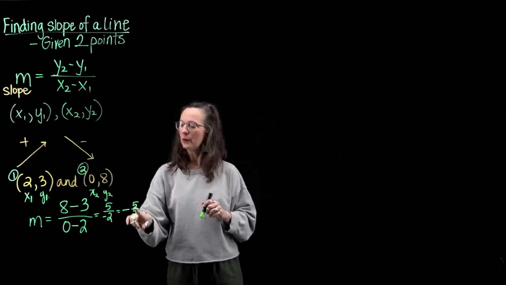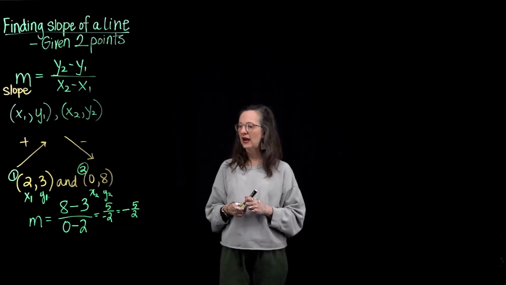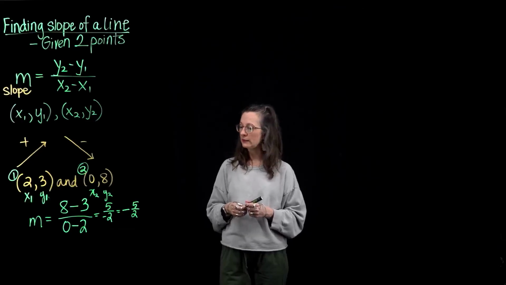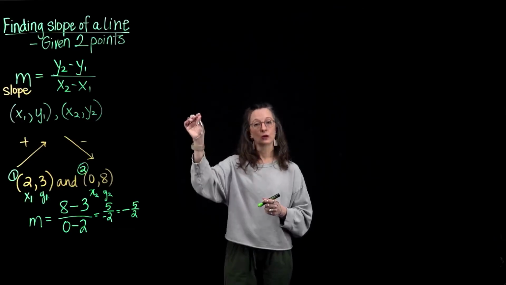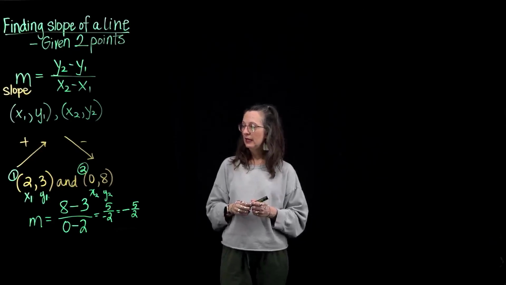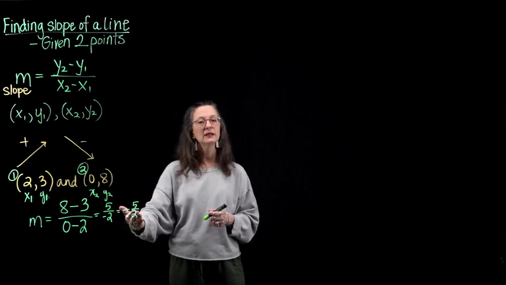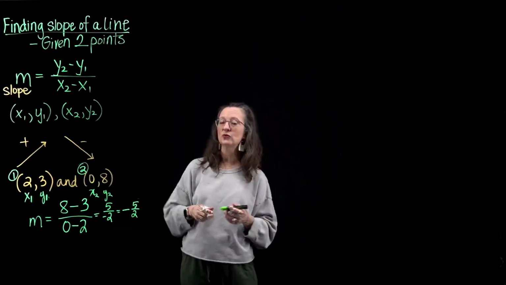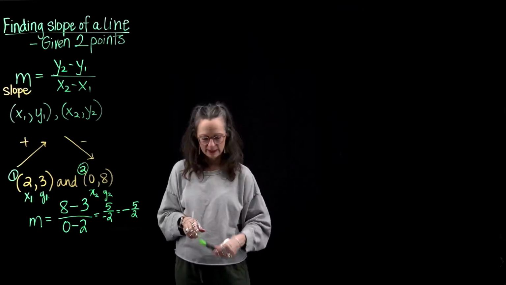All right, so my slope would be negative 5/2 of the line that goes between those 2 points. So it would be going down from left to right. And if we had this, then we could use it to create a line that goes through those 2 points, and we'll do that in another video.